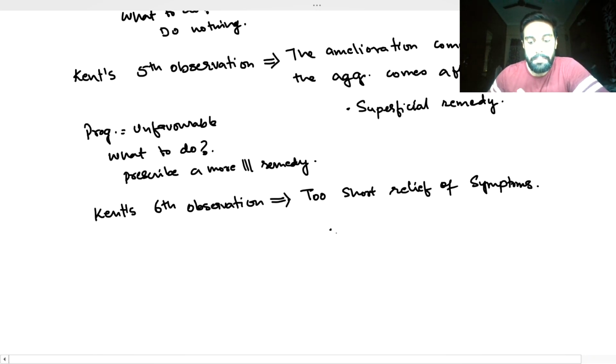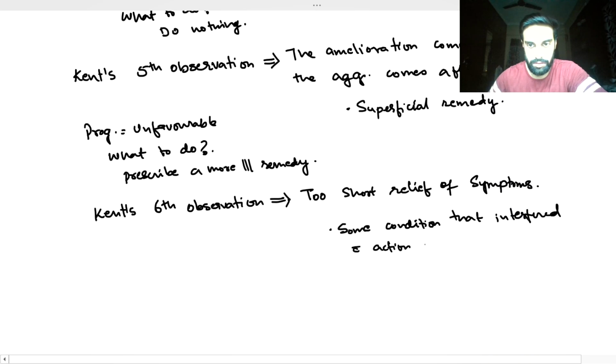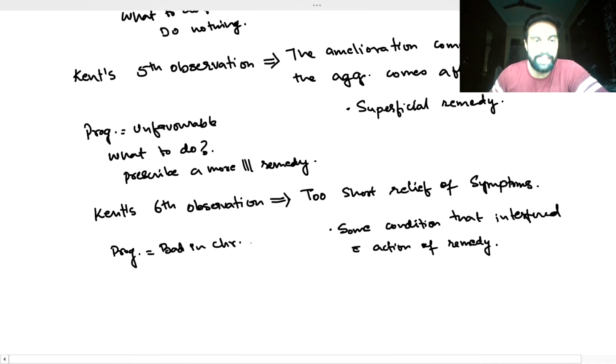Because there might be some condition that interferes with the action of the remedy. Okay, so the prognosis is bad in case of chronic diseases. The prognosis is bad in chronic cases or chronic diseases.